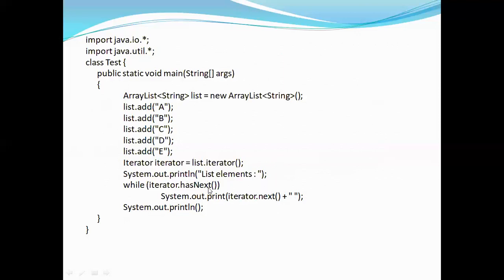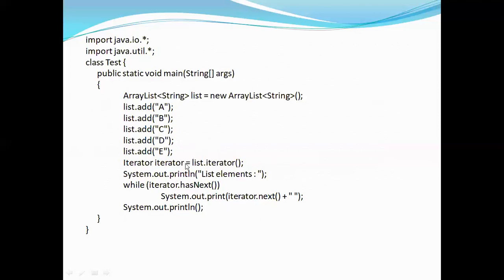If it returns true, the next element is there, then next will print it. If it returns false, then nothing is there, so it will not print anything. So using these two methods you are going to print all the elements of that particular list.